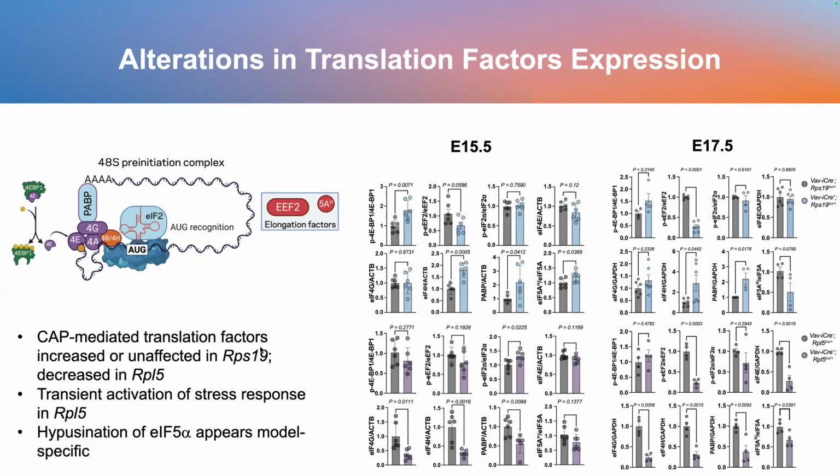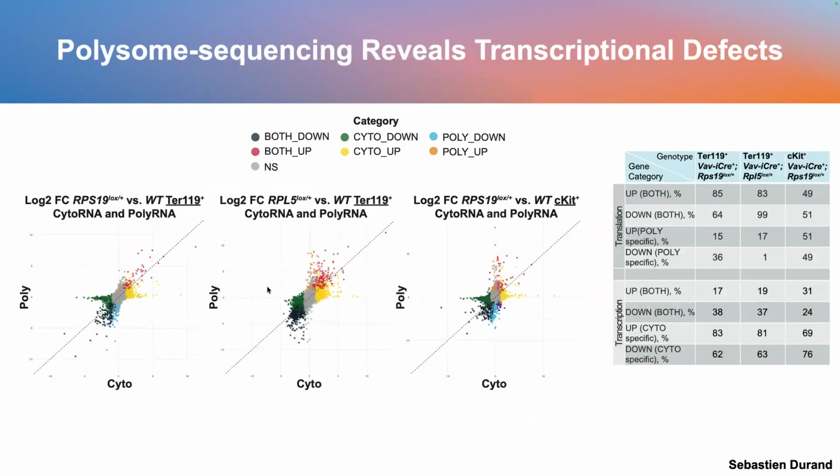And so we looked at hypusination. And what we observed very interestingly is that hypusination appears to be model specific, with a role mostly in RPL5 more than in RPS19. And we are currently investigating this.